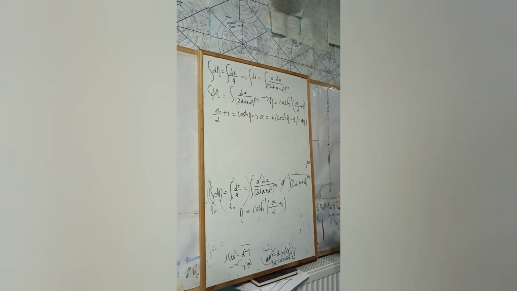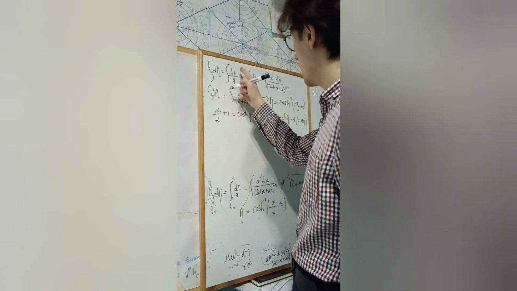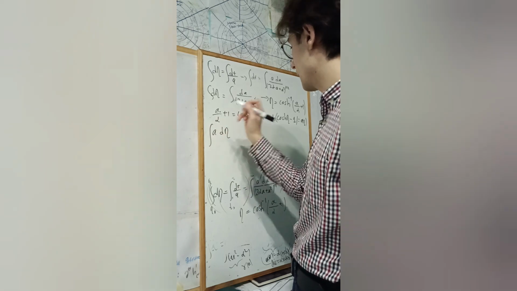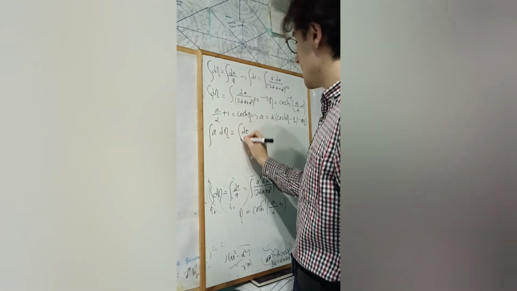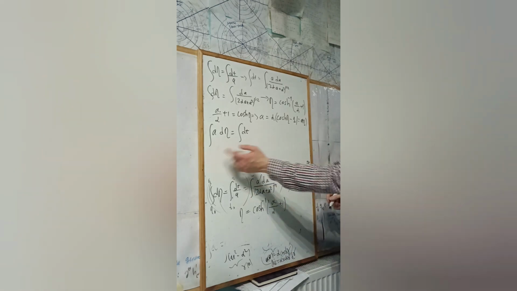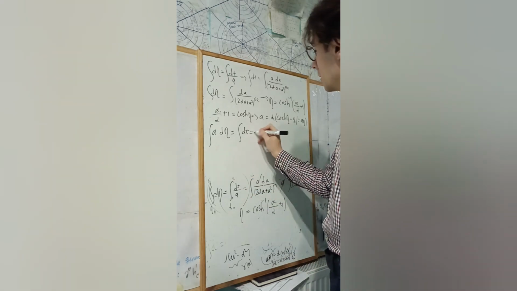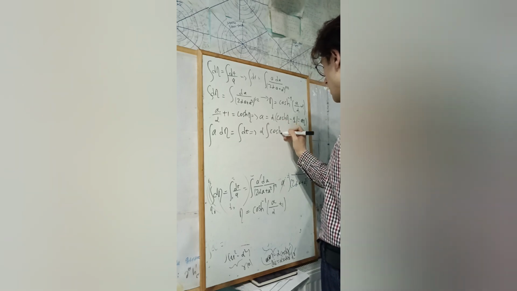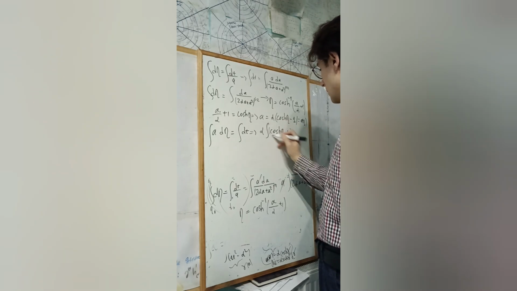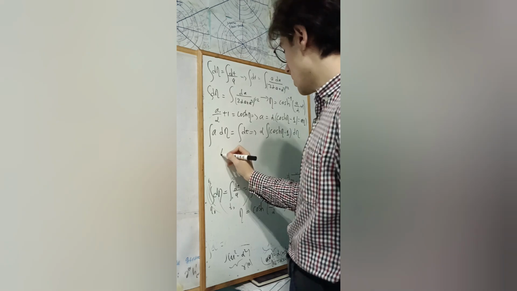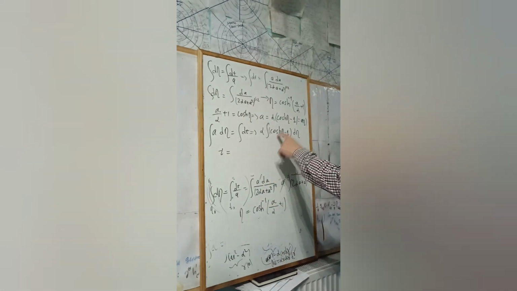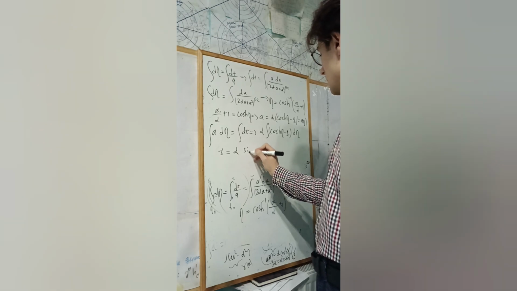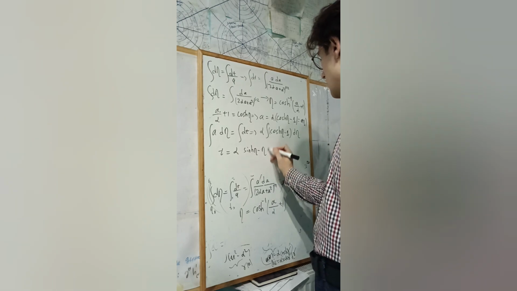Now, with this knowledge, we can find a d eta equals dt. This is a connection of the early times to the present time. So dt equals alpha times cosine hyperbolic eta minus 1 d eta. So t as a function of eta, conformal time, equals alpha times sine hyperbolic eta minus eta.